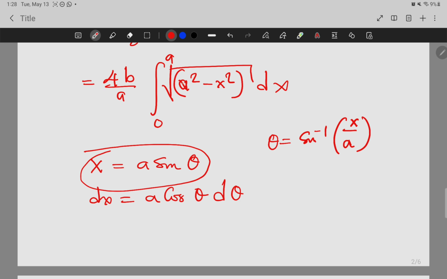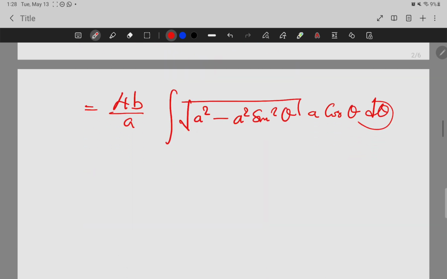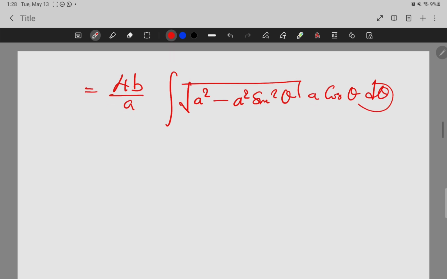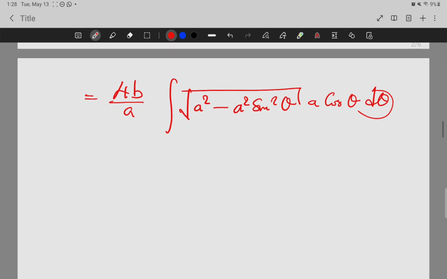So when the upper limit is a, what will be theta? But to avoid doing that, I've just left out the limits. I'll bring the limits back when I change my variable back to x. So for now, I'll just focus on integrating.